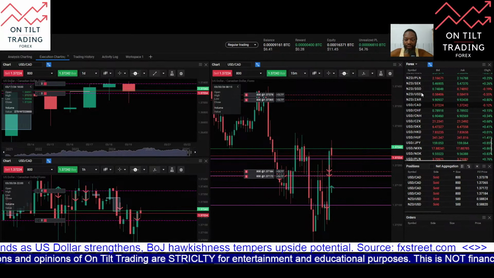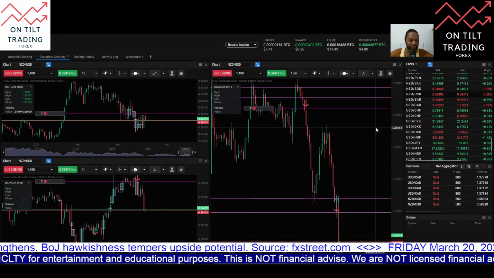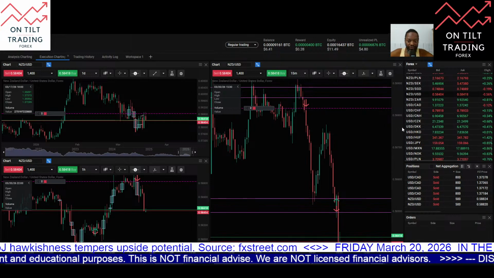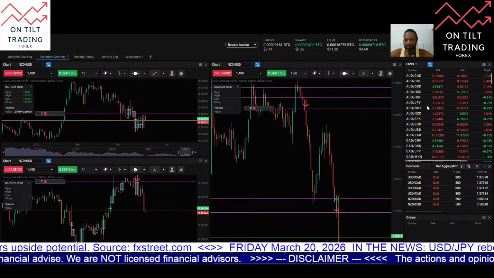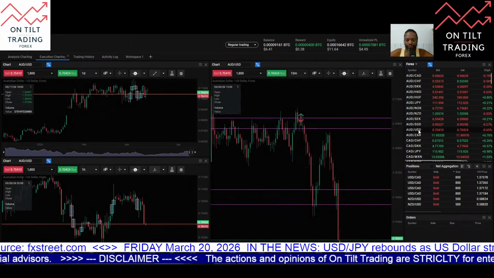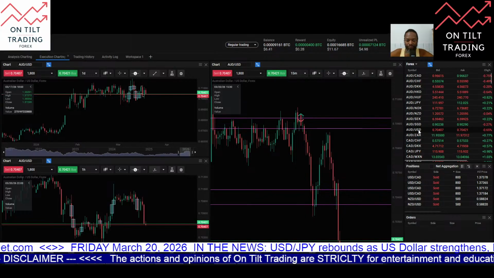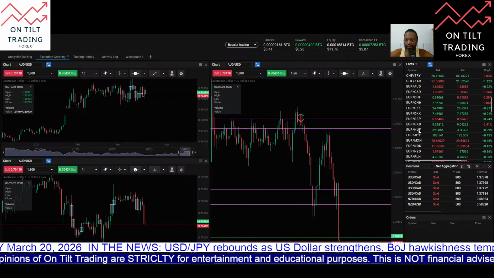Coming back and consolidating. Check on Kiwi dollar here. Kiwi dollar still delivering to the sell side here. Check on Aussie dollar. No, just sell side here. Okay.